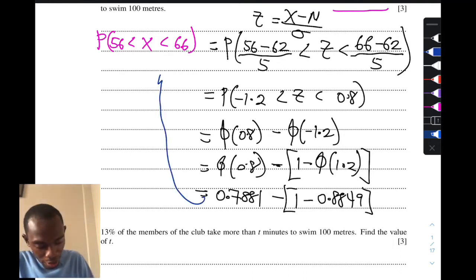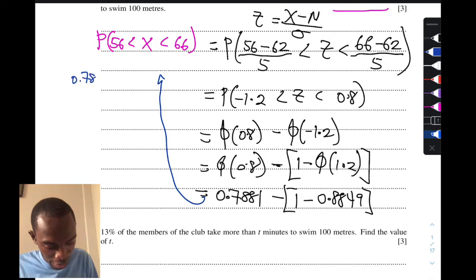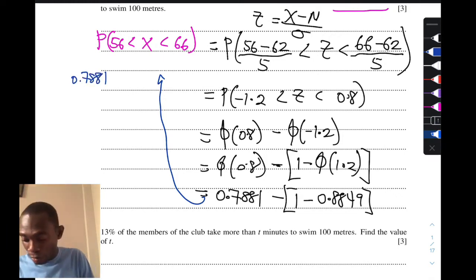From here, let's come here. Okay, so that means I have 0.7881. Now in the bracket I have 1 minus 0.8849, and that gives me 0.1151.